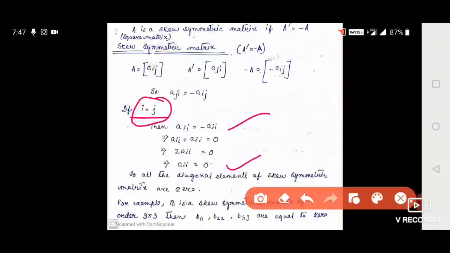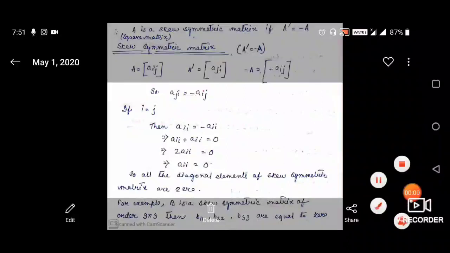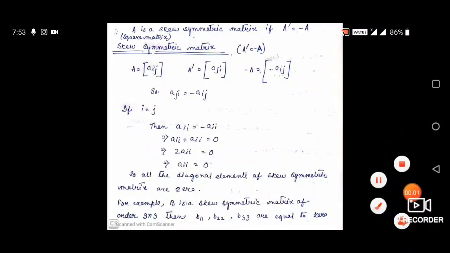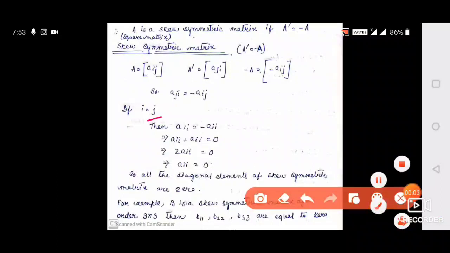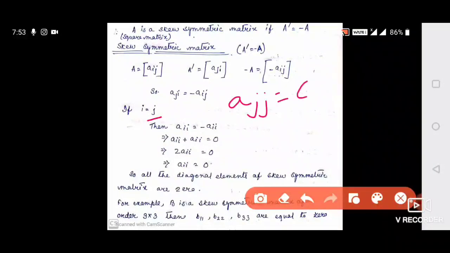If we are taking the second row, we have to take the second column. Since here i represents the rows and j represents the columns, in place of i also we can put this j, then we will get Ajj is equal to 0. This is also same as Aii is equal to 0.